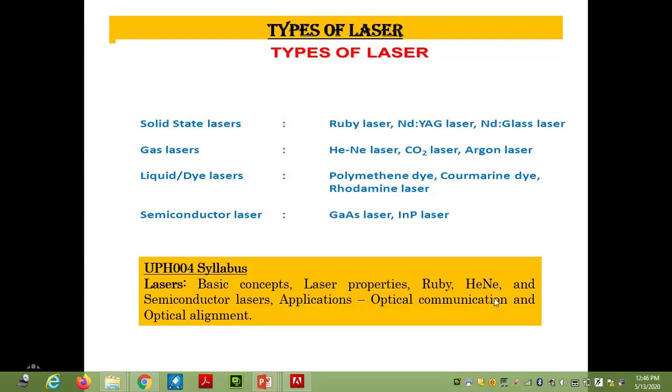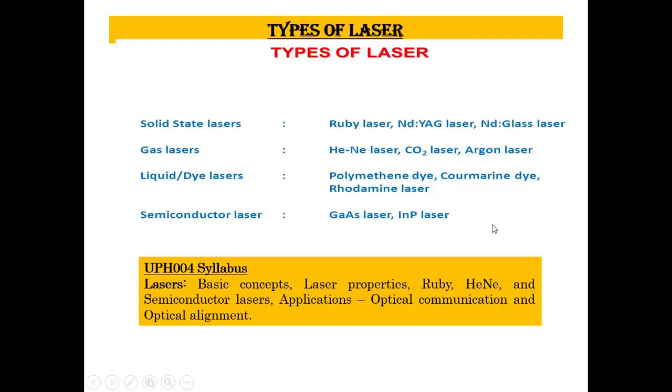Then we have the HeNe laser, which is a gaseous laser, and another category called the semiconductor laser. It is also a solid state laser, but it is kept under a different category. Then we are going to talk about some applications of the laser, and the important one is optical communication.